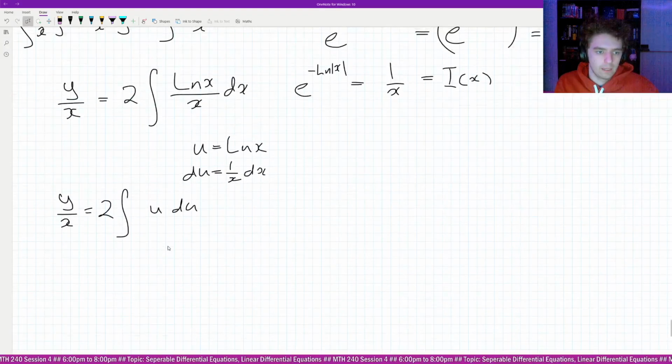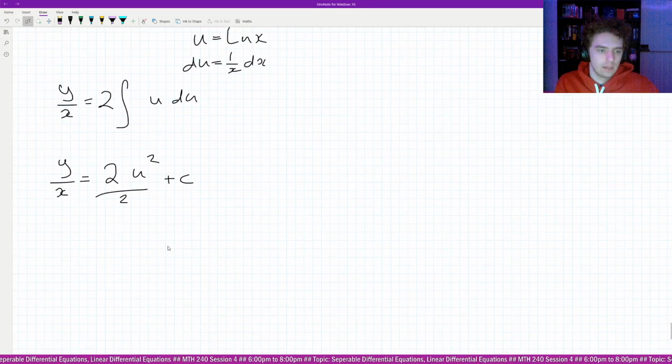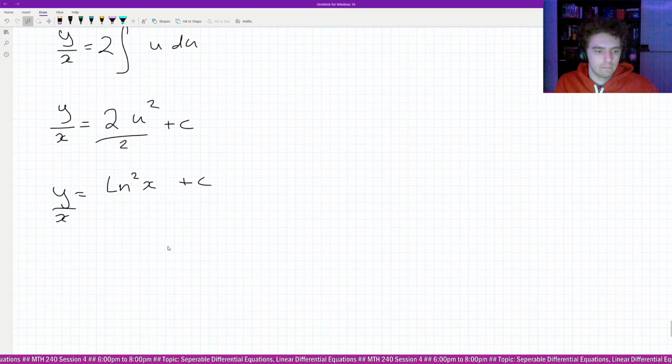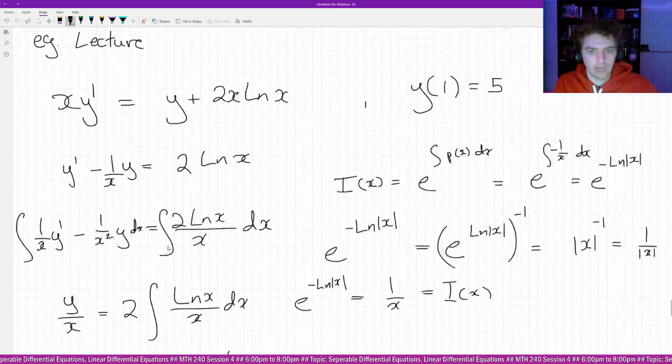So y over x equals 2u squared over 2 plus c, which is ln squared x plus c. So y equals x ln squared x plus cx.